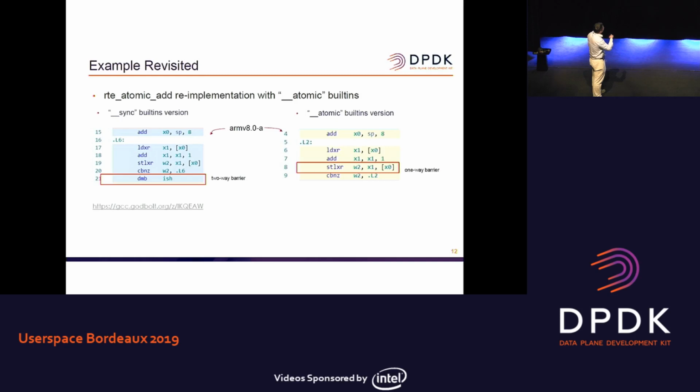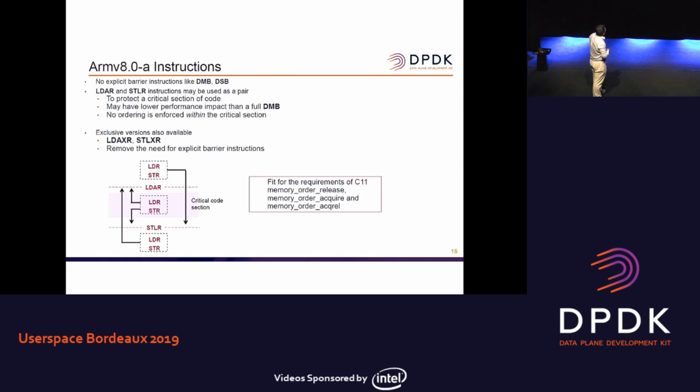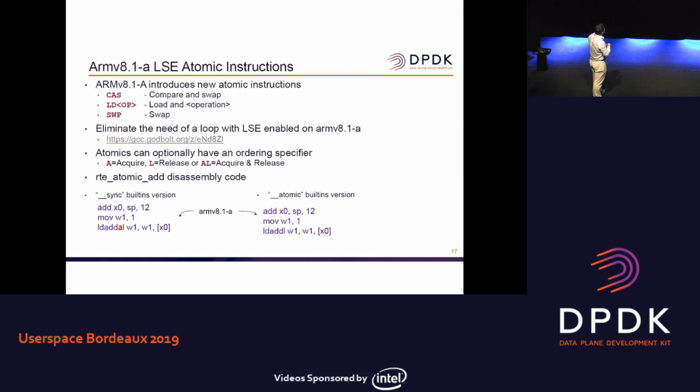If during this period, between the load and store, someone cuts in and breaks the atomicity, store exclusive fails and it has to retry the loop again. With these new instructions, the loop can be removed because the new instruction can guarantee the atomicity.